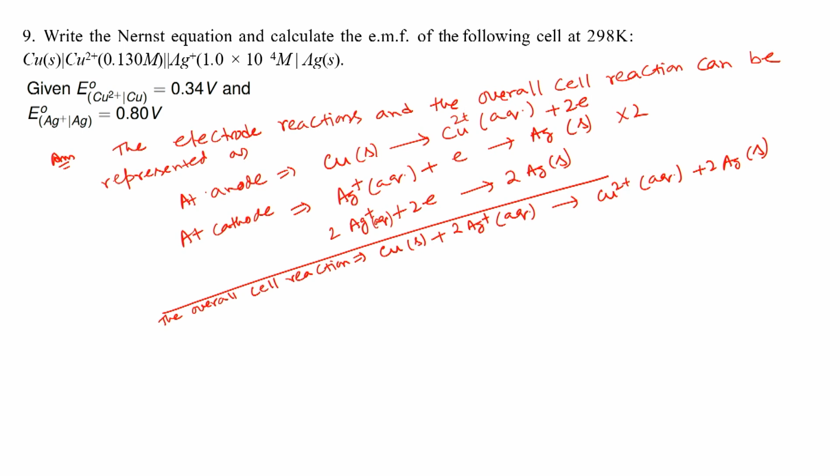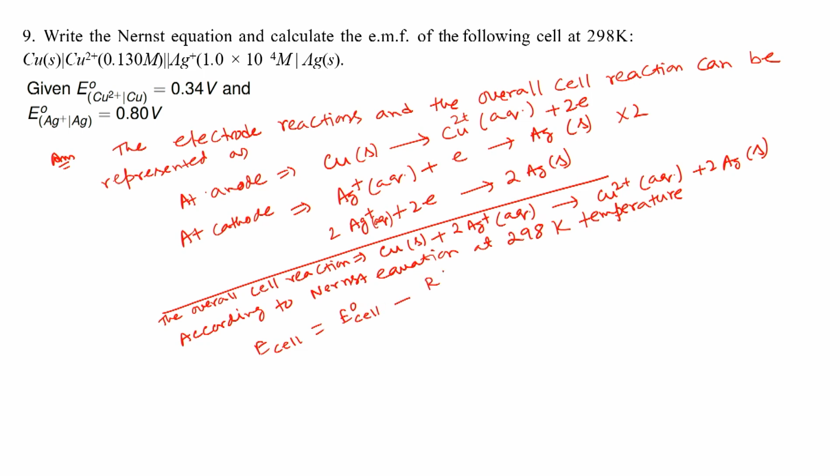Right. Now according to the Nernst equation at 298 K temperature, E cell is E naught cell minus RT by F. So at 298 K we can write 0.059 by 2, since 2 electrons are involved here, log of the concentration of product, concentration of Cu2+, by concentration of Ag+ raised to the 2.